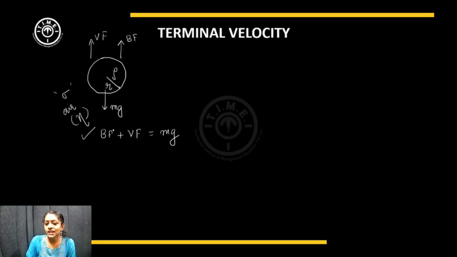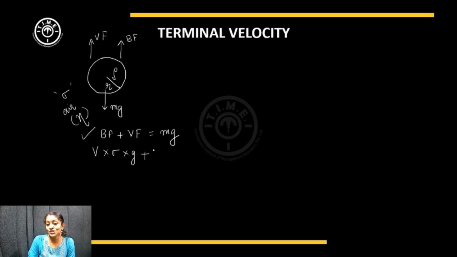Then how will you write the equation of buoyant force? We already know it is volume of the sphere into density of the medium into acceleration due to gravity, right? So volume of the raindrop into density of the medium, that is sigma, into acceleration due to gravity. Now what is the expression of viscous force?